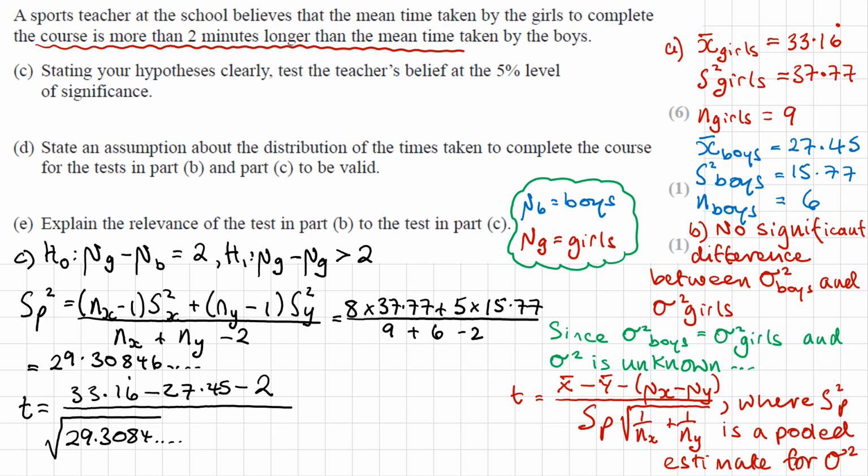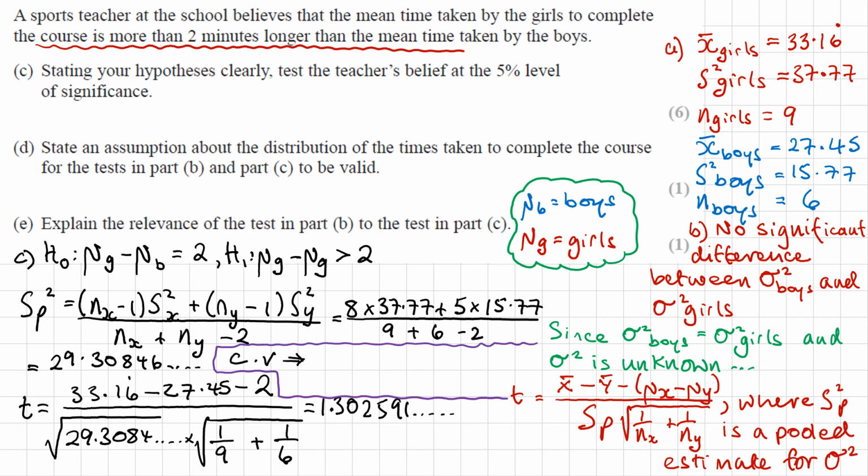And then that's going to be times the square root of 1 over the number of girls, which is 9, plus 1 over the number of boys, which is 6. And that gives us a value of 1.302591, and so on.